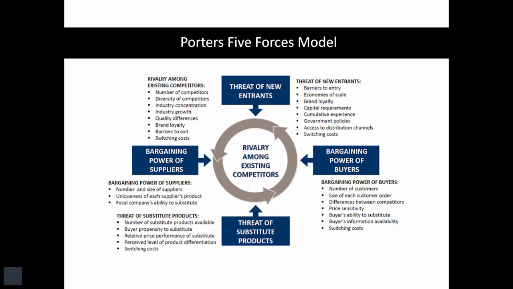So if we are developing products that have easy entry or exit, we need to keep in mind that we will have a larger number of competitors. For example, if I'm talking about a normal burger that is being sold on the streets, we have a lot of suppliers in the city.